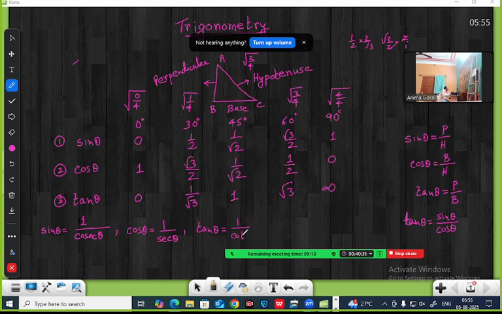We all know this, that sin theta equal to 1 by cosec theta, cos theta equal to 1 by sec theta, and tan theta equal to 1 by cot theta. In this way, we can find the various values of sin theta, cos theta, and tan theta.